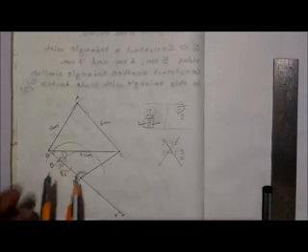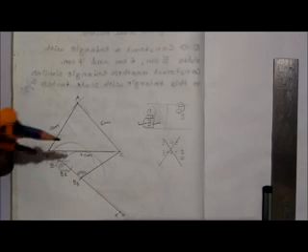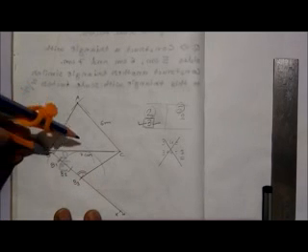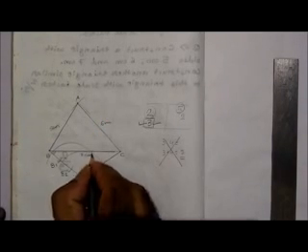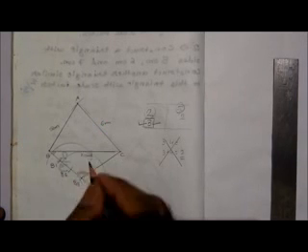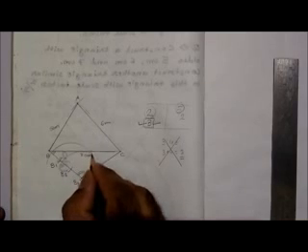Now measure the length of the arc in the previous case, and with the same measure intersect the current arc. So we got one point here. Join that to B2 and extend it till BC.